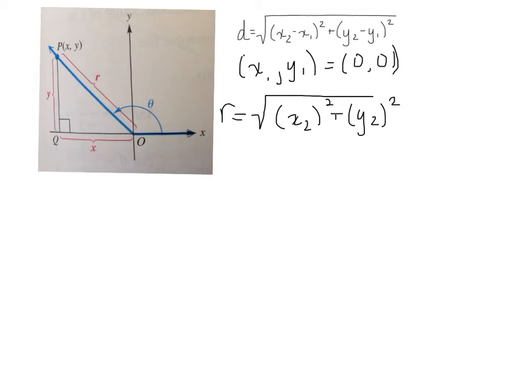and really our formula ends up being the radius is equal to the square root of x squared plus y squared. We drop the sub 2 on there because we know that the first point has to be the origin, so all we have to do is identify x and y. This r value is always going to be positive.